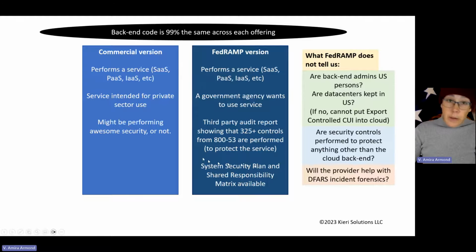They go through a third-party assessment by a third-party assessment organization, 3PAO, and they get the results of that assessment, which hopefully say they're doing almost everything, right? Maybe not everything. So that's the difference between FedRAMP and CMMC, where with FedRAMP, the assessors are allowed to say, you know what, this requirement's not applicable, right?